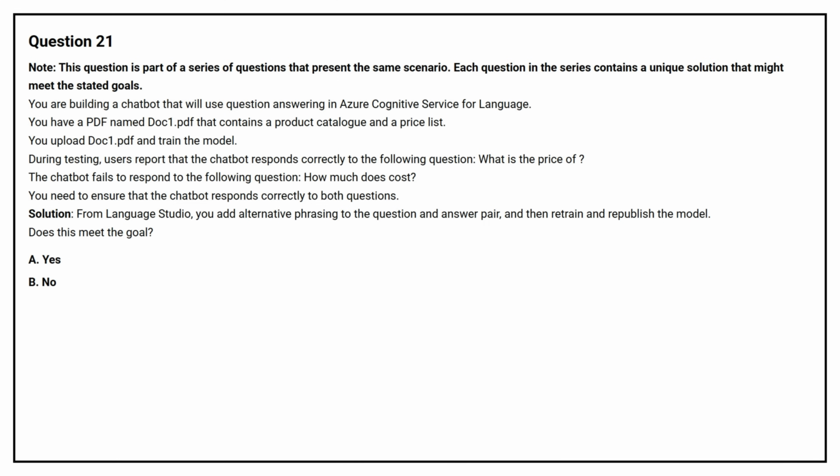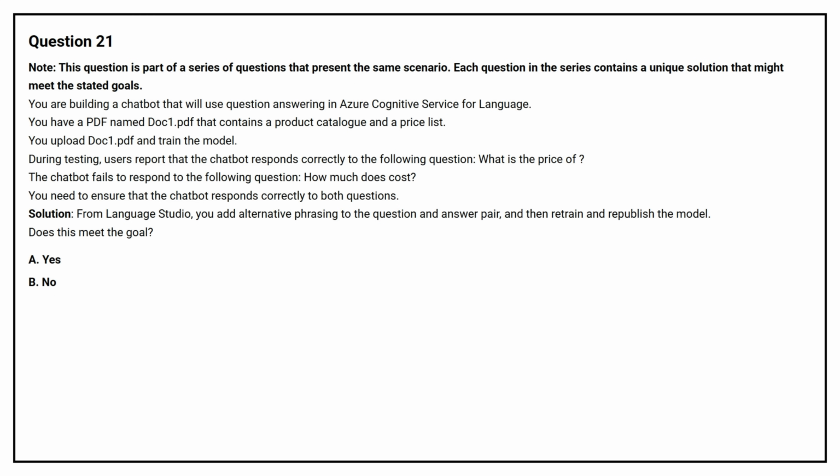You need to ensure that the chatbot responds correctly to both questions. Solution: from Language Studio, you add alternative phrasing to the question and answer pair, and then retrain and republish the model. Does this meet the goal?